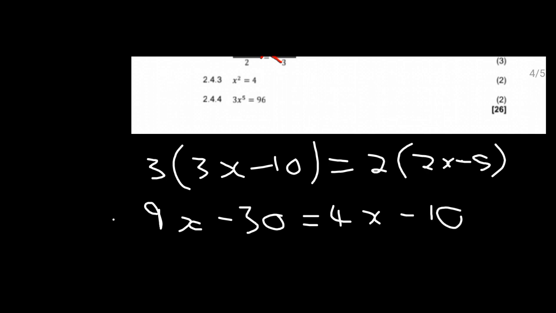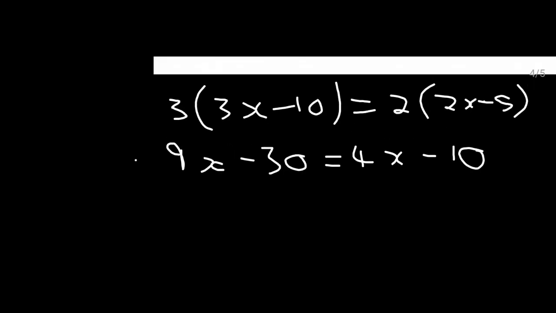So now everything is simple. We distribute: 3 multiplied by 3x is 9x, and then 3 multiplied by negative 10 equal to negative 30, then equal to 2 multiplied by 2x equal to 4x, and 2 multiplied by negative 5 equal to negative 10.